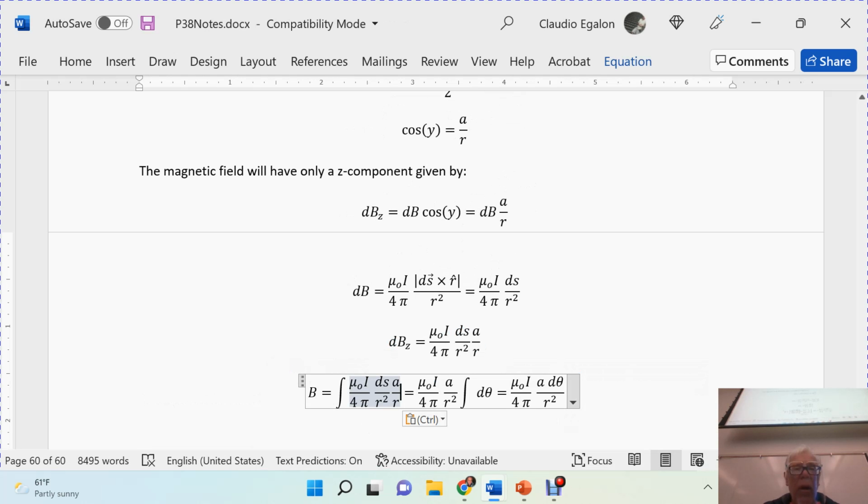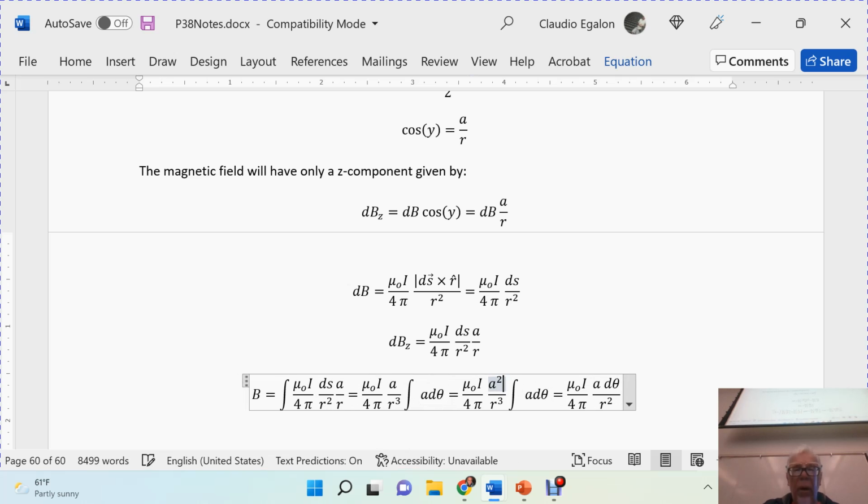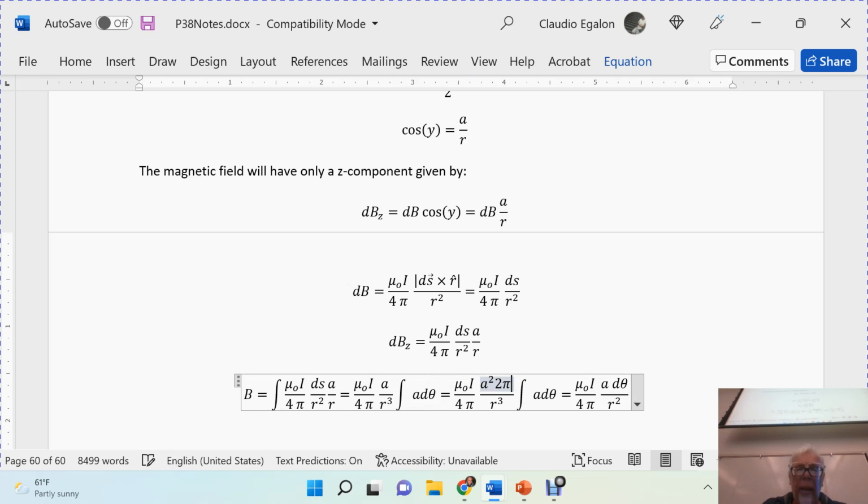Here you go. Mu naught I over 4 pi. This R combines with the other R and becomes R cube. Mu naught I over 4 pi, a over R cube. The ds becomes a d theta. A becomes a square, and we end up with 2 pi.